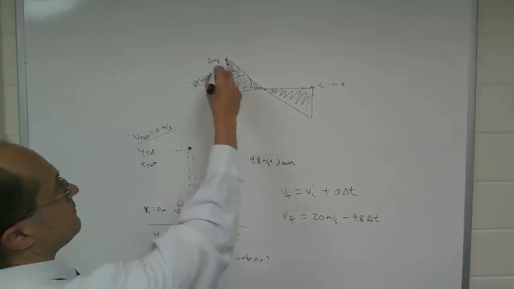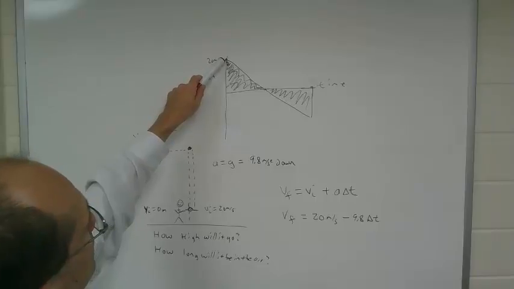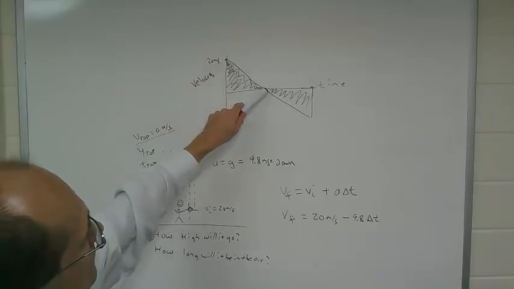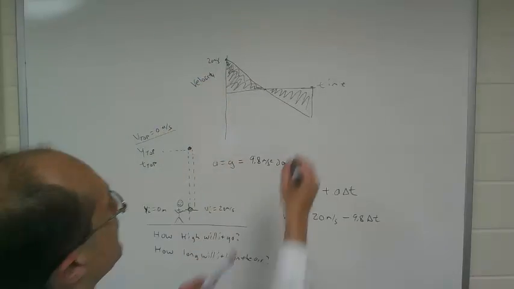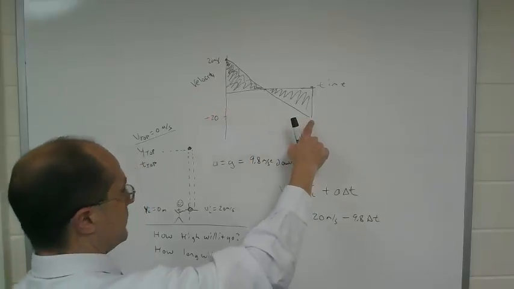So this graph gives us a lot of good information about what's going on with the ball. It leaves our hand, it slows down, reaches 0, then reaches a maximum back down here of negative 20 when it reaches our hand again.